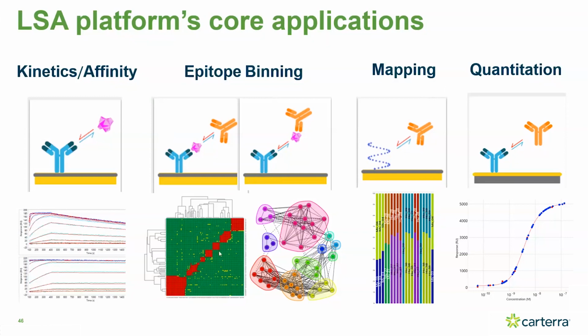Especially in the epitope tools, we have some really interesting visualization tools like these competition matrices, we call them heat maps, and these network plots that show the competition profiles about how the antibodies relate to each other.